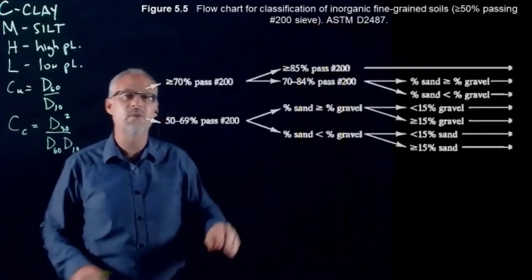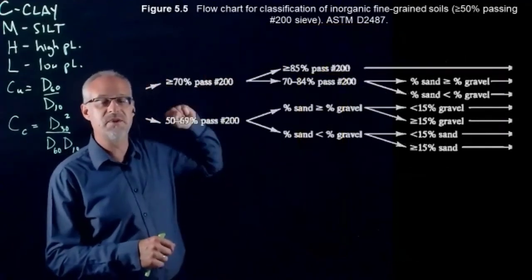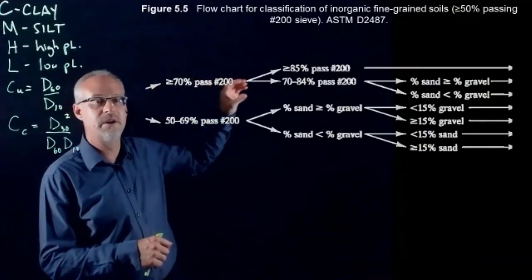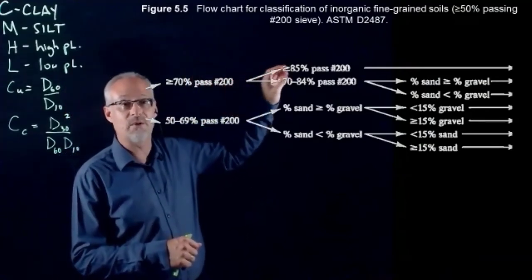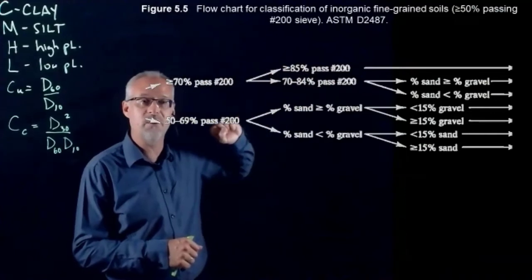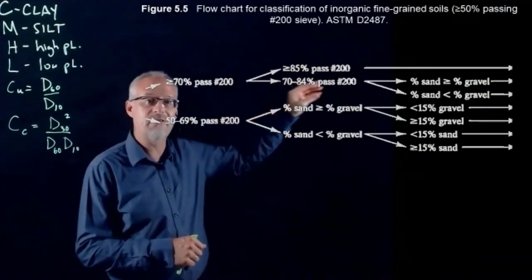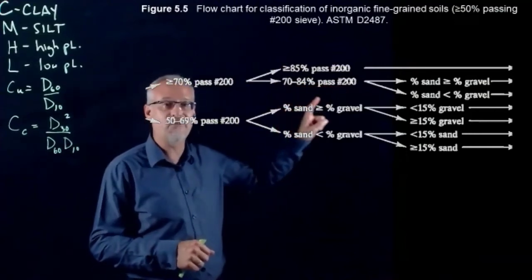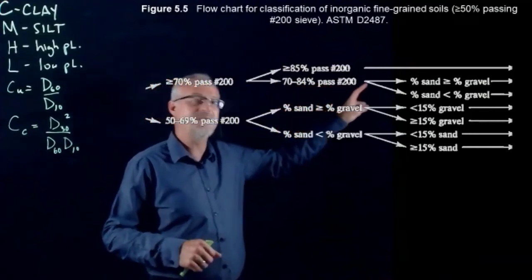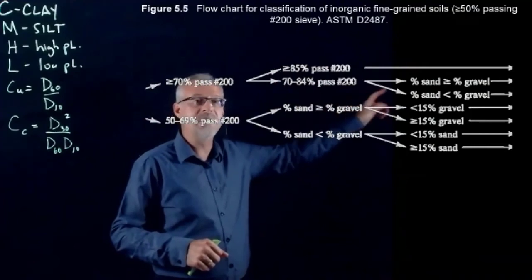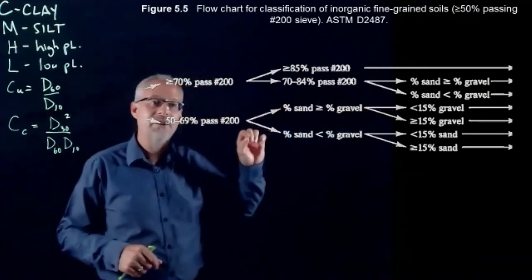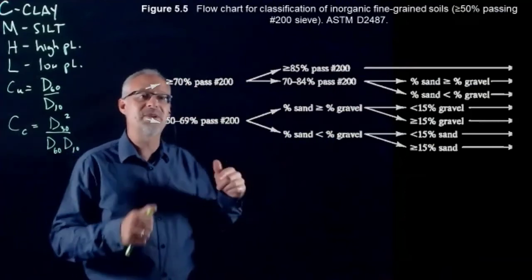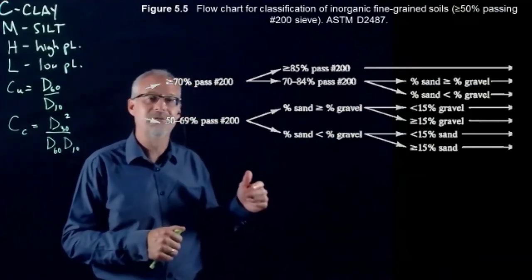And then let's say we come to this decision tree where it's greater than 70% passing the number 200. Then we ask another question: is it greater than 85% passing the number 200, or is it between 70 and 84%? If it is between 70 and 84%, we have another decision to make: is the percentage sand greater than or equal to the percentage gravel, or is the percent sand less than the percent gravel?